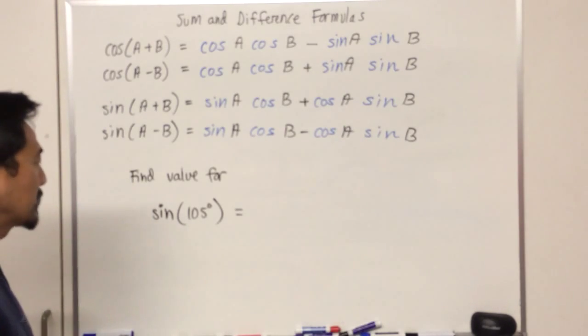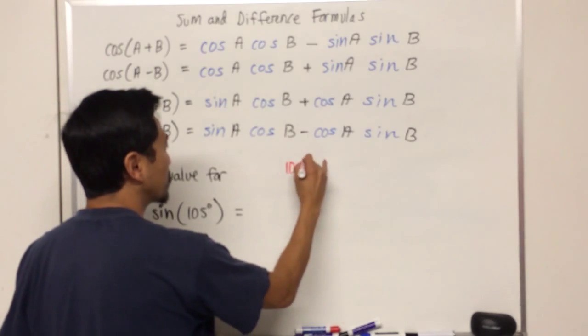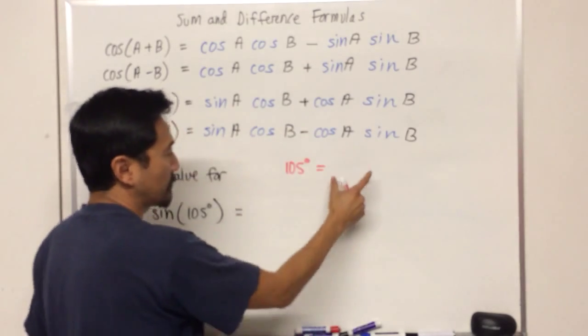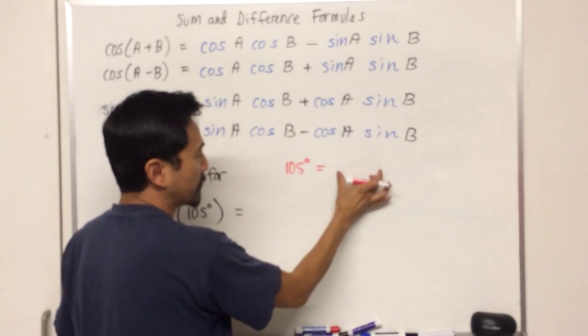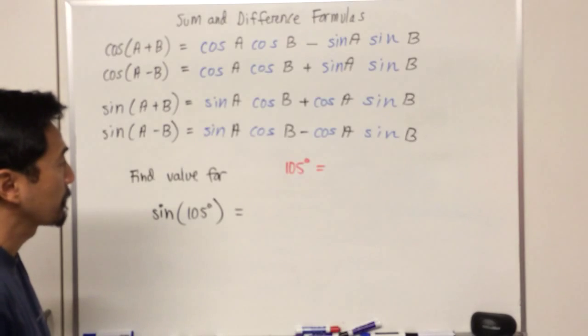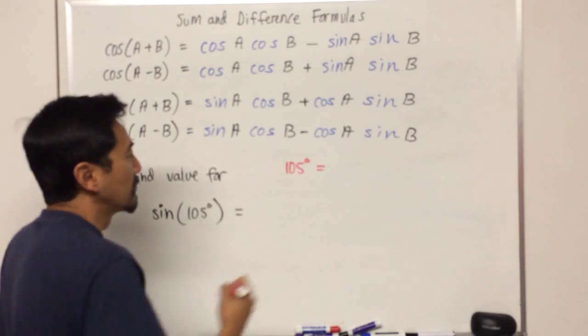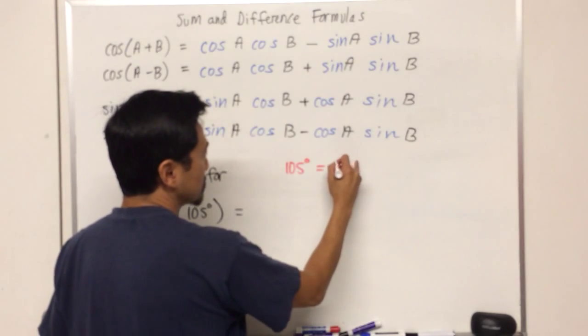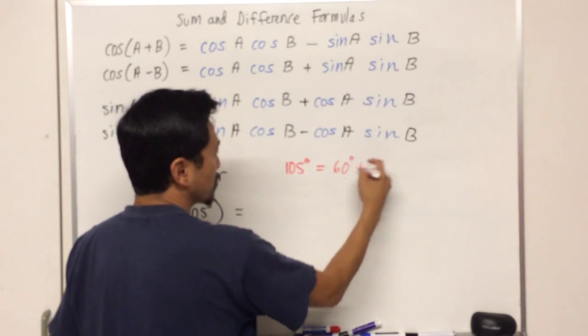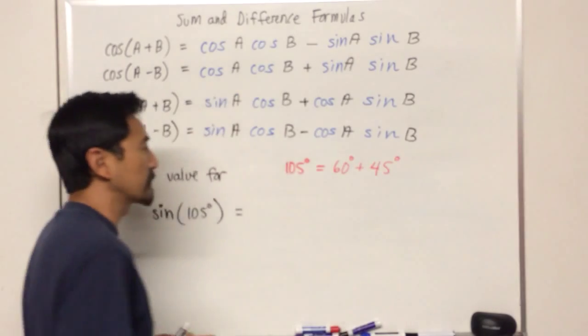So I'm going to ask myself, can I take 105 and break it up? Can I write it as the sum or difference of two angles that we do have on the unit circle? And the answer is certainly yes. I could take a 60-degree angle from quadrant 1 and add it with the 45-degree angle.